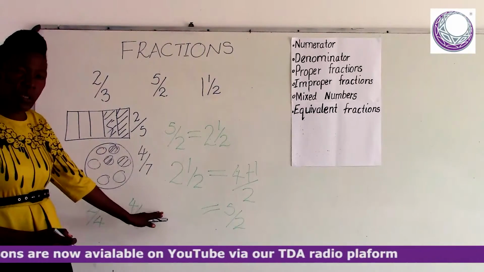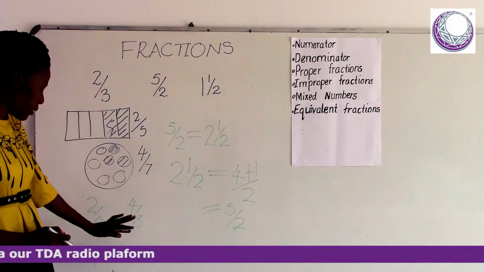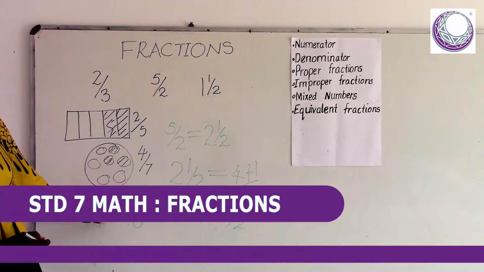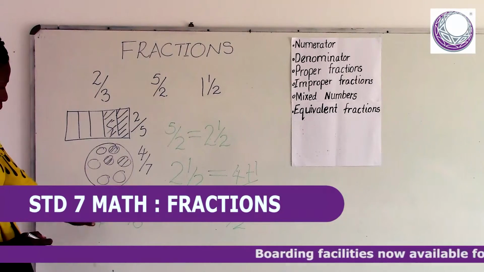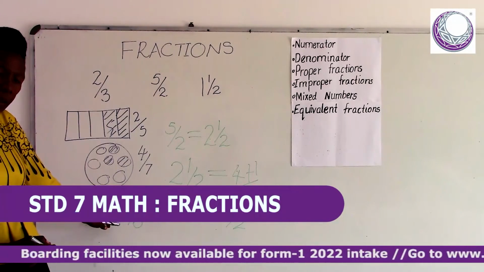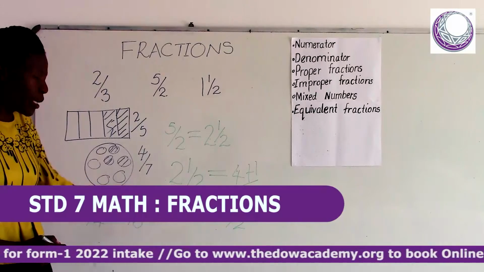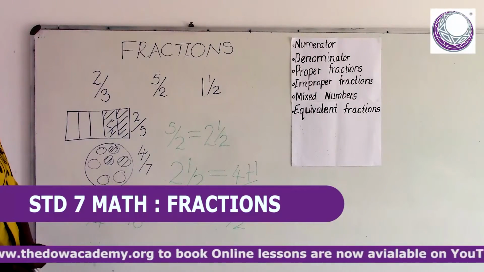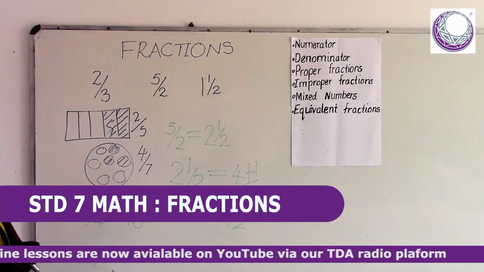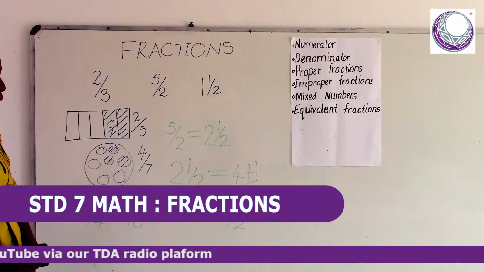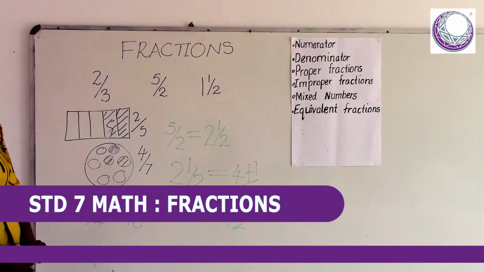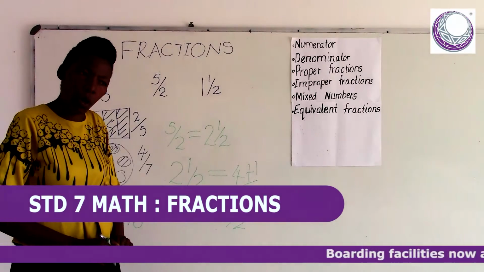I may reduce this one by way of dividing. It will give me 2 out of 4. I may increase this one by way of multiplying. It will give me 4 out of 8.